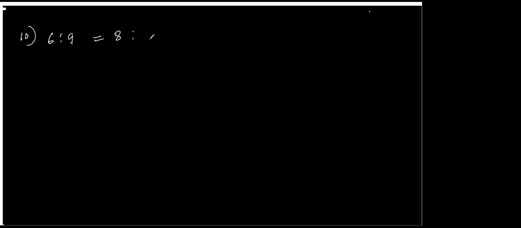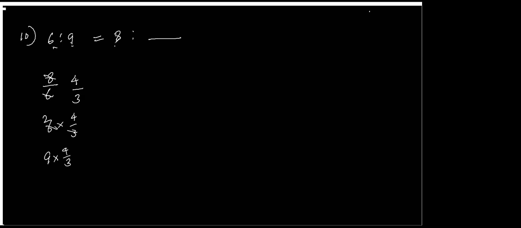Have it done? No. We can say this one and this one. 8 divided by 6, 3 fourth. Then it means 6 multiplied by 4 third, we are getting 8. Then 9 multiplied by 3 fourth. 3 times 4, 12. This is 12.